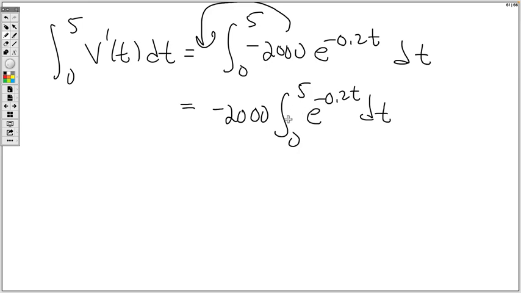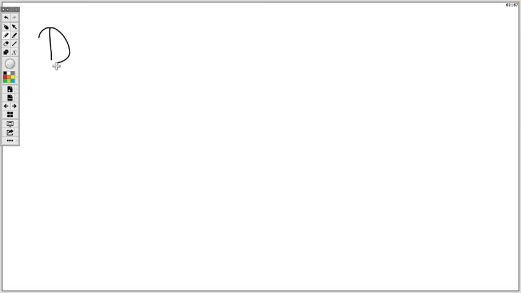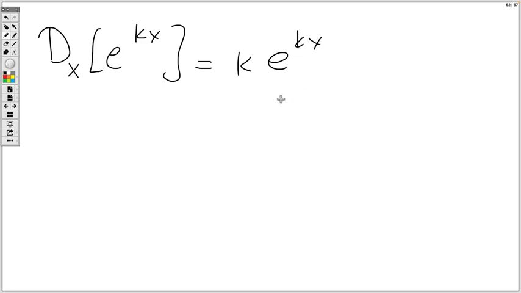And this is where the comment earlier about taking derivatives of exponentials comes into play. So we know that when we take the derivative of e to the kx, we're just going to have a multiple k pop out, right? So that means if I want to integrate e to the kx, I could go through a u substitution, you follow?